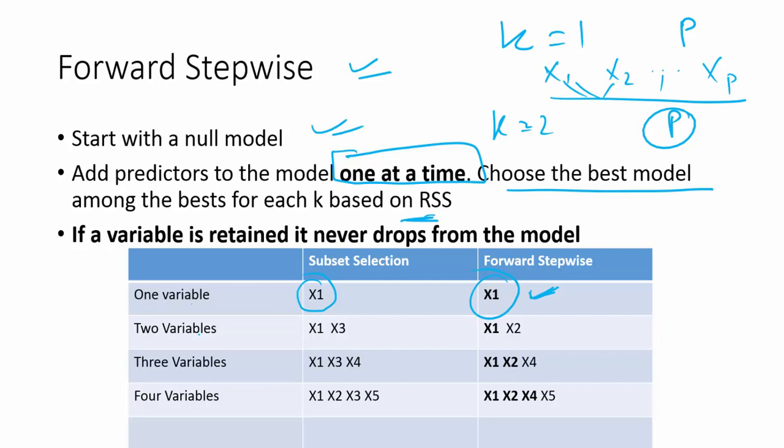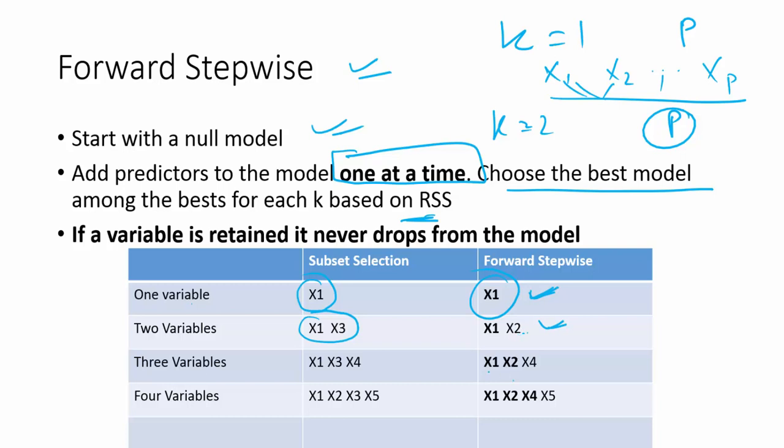When it's a two variable model, subset selection gives you x1 and x3. In forward, we just added x2 and saw whether that is actually working fine or not, because for a two variable model x1, x2 does a good job. So we just added x2, and once that is retained in the model, it never gets dropped.